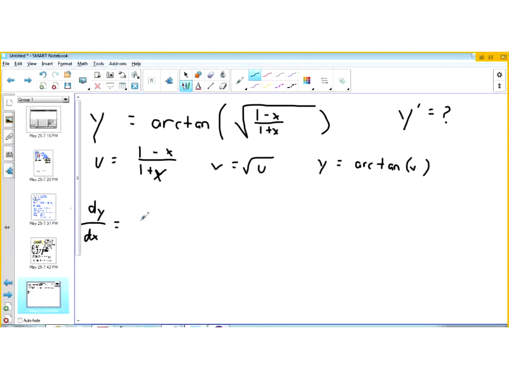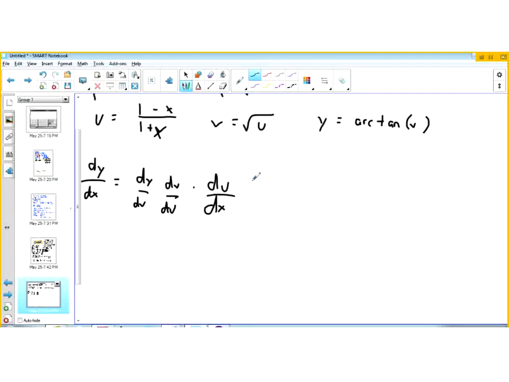So the derivative of y with respect to x would equal, don't write it just yet, the derivative of y with respect to v times the derivative of v with respect to u, times the derivative of u with respect to x.